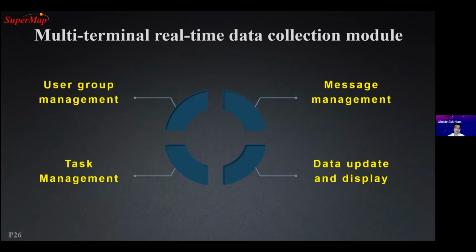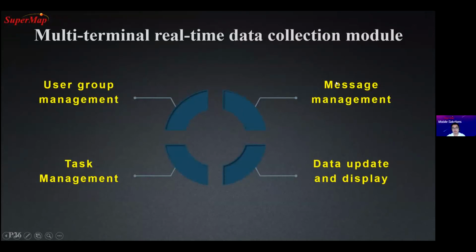So you can see the first one, we have the user group management. So in this function, you can add all your colleagues. And then the second one, for the task management, the administrator can separate the work to different workers or your colleagues. Then we can receive the data in this module.